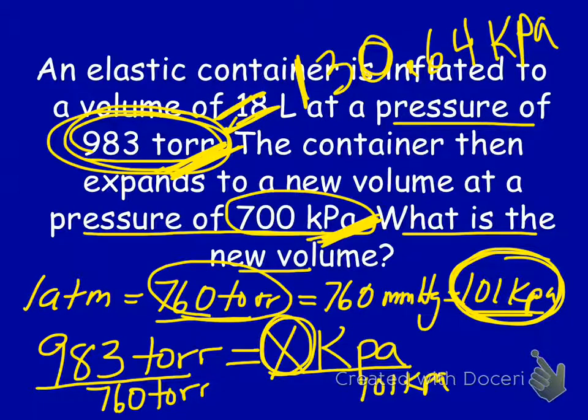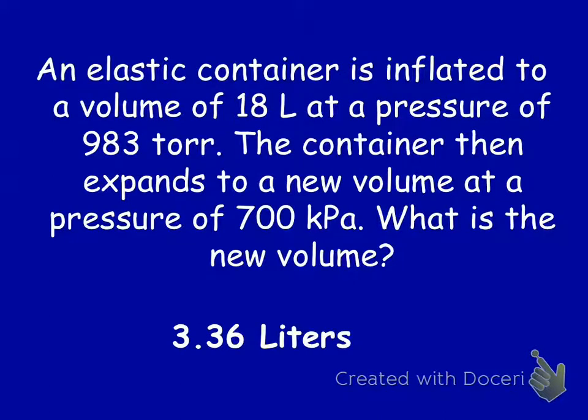All right. So now I know that I've got 130.64 kPa for that one. It's no longer 983 torr, and my second pressure is 700 kPa. So what I'm going to do is set up my problem.